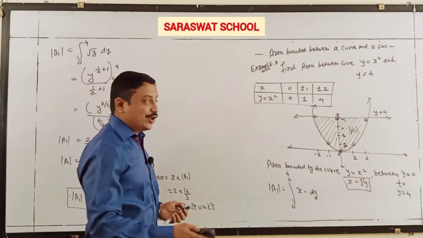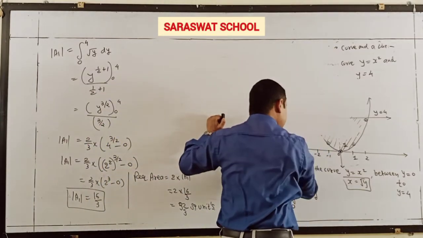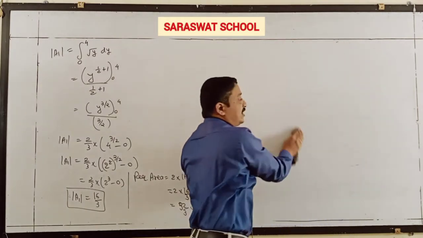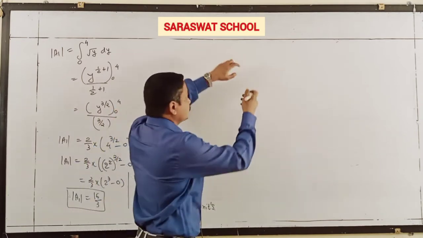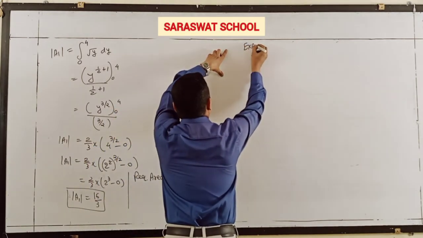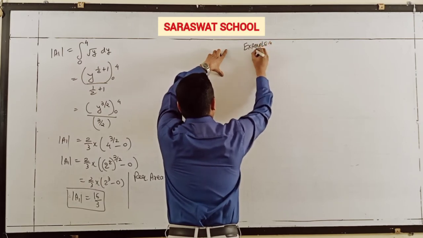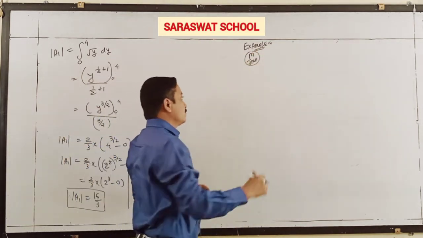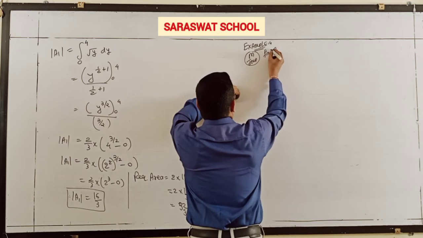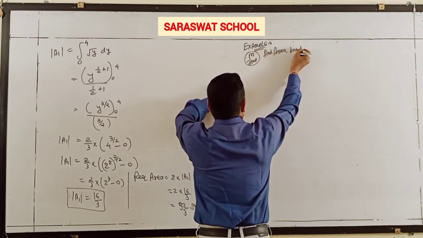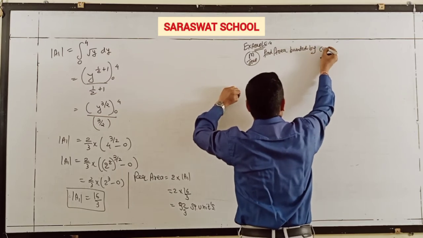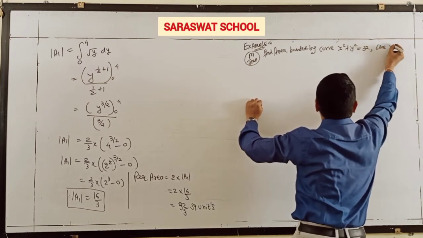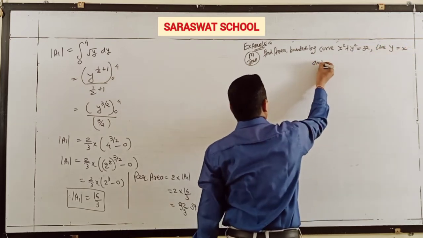Now, students, I am going ahead with one more example, example 4. Yes, the fourth is a very important numerical, so put a tick mark on it, very important. Find the area bounded by the curve x square plus y square is equal to 32, the line y is equal to x and the x axis.